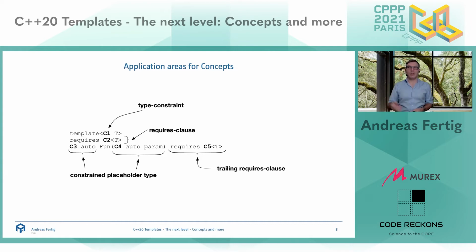And then the last one is the trailing requires clause at the end. And there we once again initiate that with the keyword requires, and then we can use either concepts or type traits. And in both the requires clauses, we can use Boolean algebra to combine the requirements we have at this point, okay?